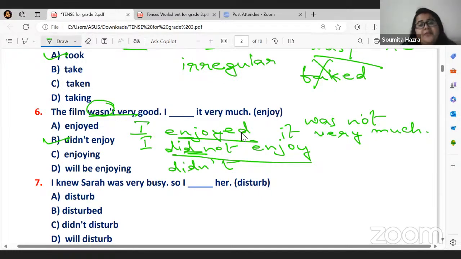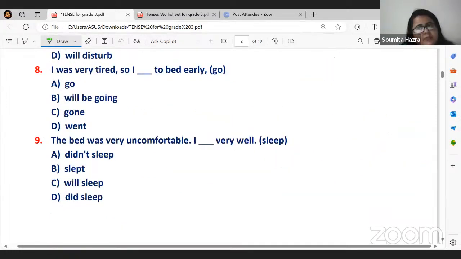But if I ask you to frame a question from this sentence, what will you write? Did I enjoy the movie? That is how you will frame an interrogative sentence. Did I enjoy movie, breakfast, whatever it is, and then a question mark.